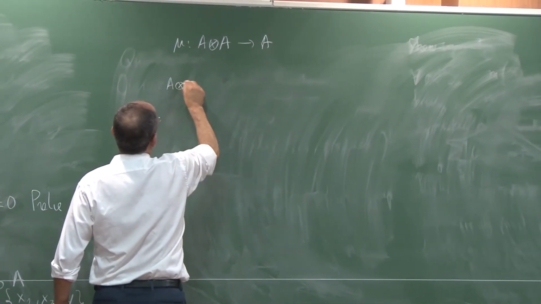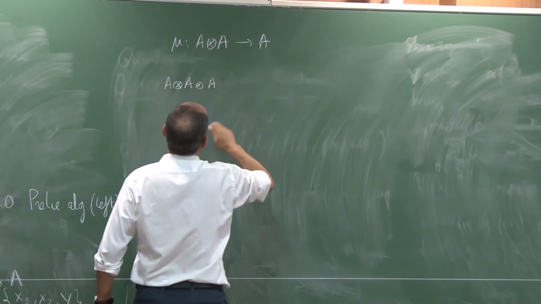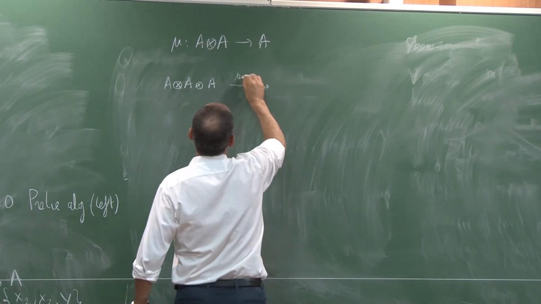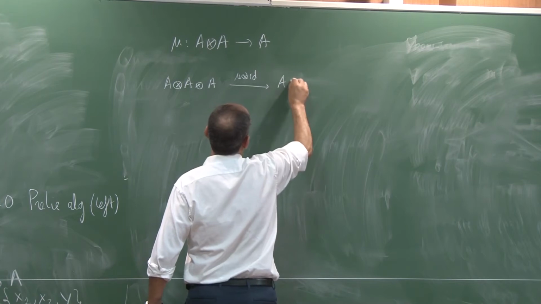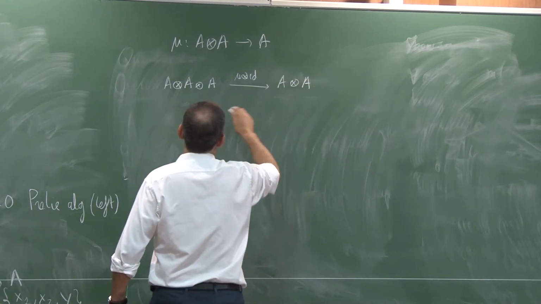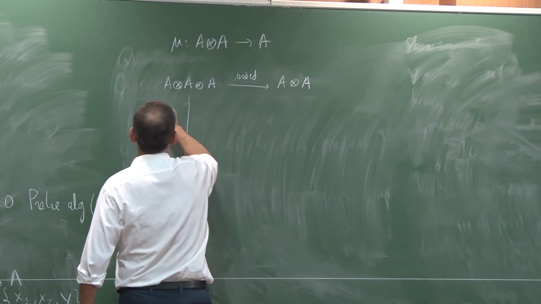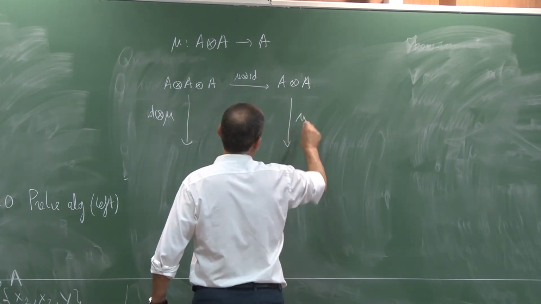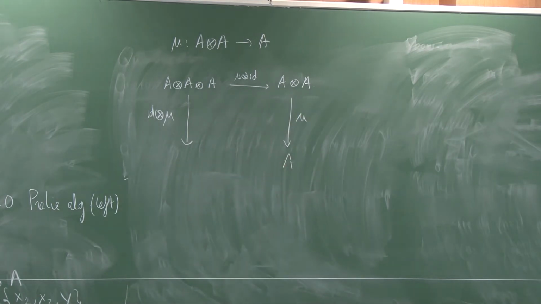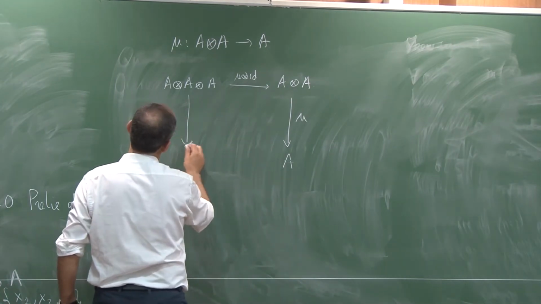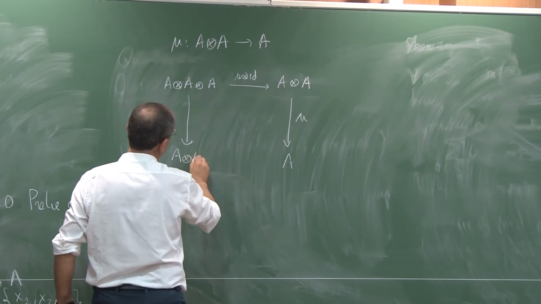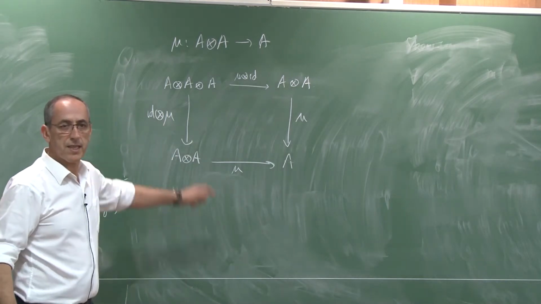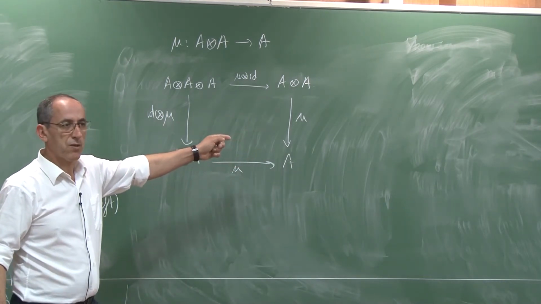We start with three elements, and you apply the multiplication tensor the identity and get two elements, in A tensor A, and of course you can do it by using the identity first and then the multiplication, and here you use the multiplication and get to A, and same here, and here you get to A tensor A, and by using the multiplication you would like to get to the same element. And this diagram means that the multiplication is associative.